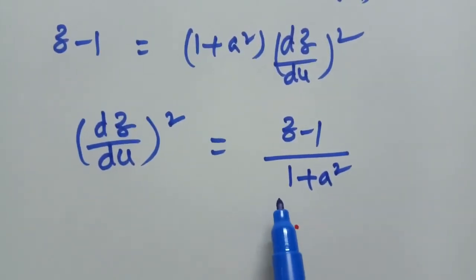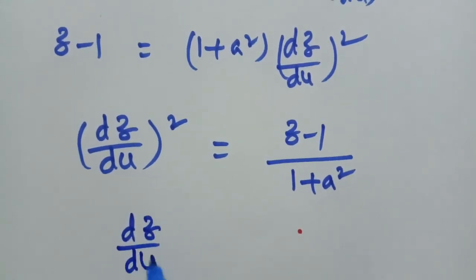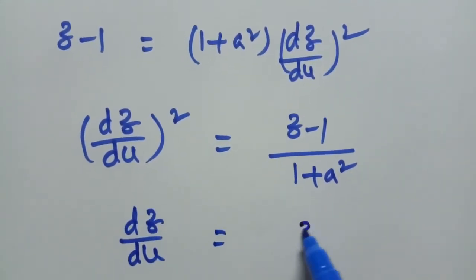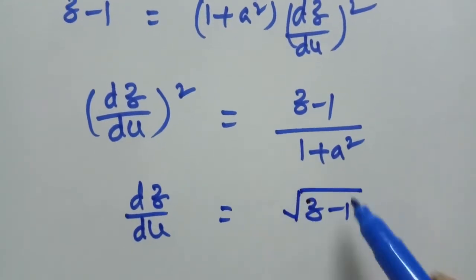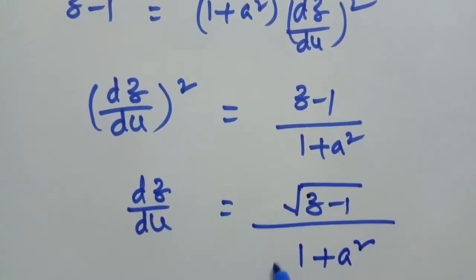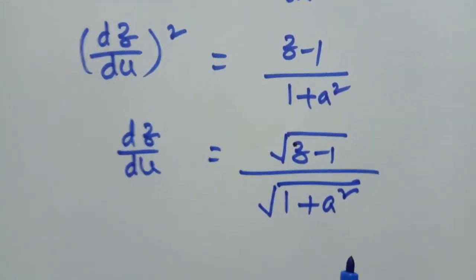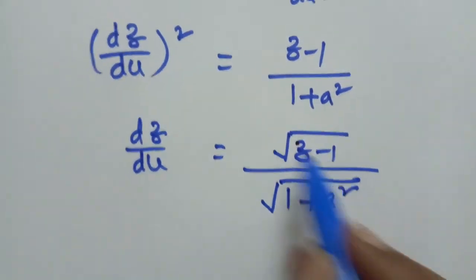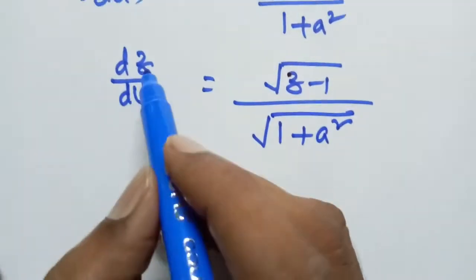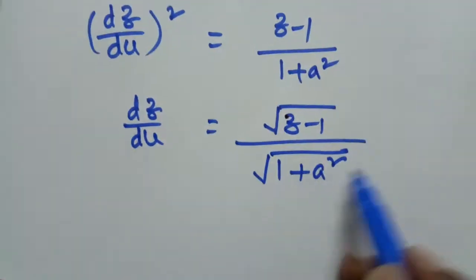Therefore, again taking square root on both sides, dz by du is equal to square root of z square minus 1 by square root of 1 plus a square. Now, this is a variables separable, ordinary differential equation, as only dz by du is contained in this equation.